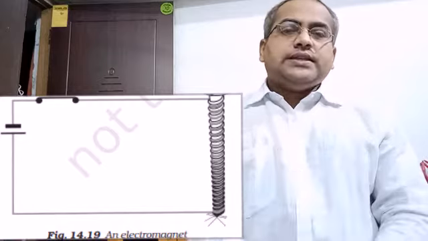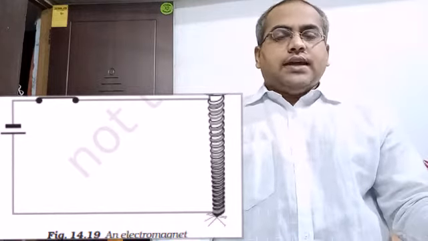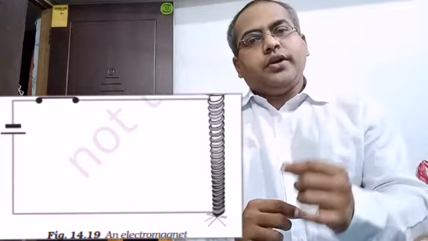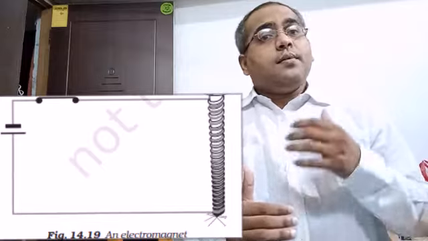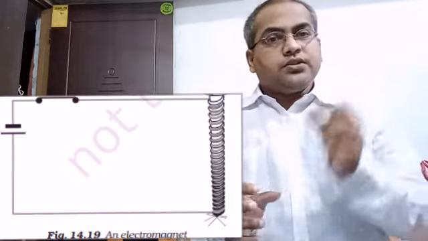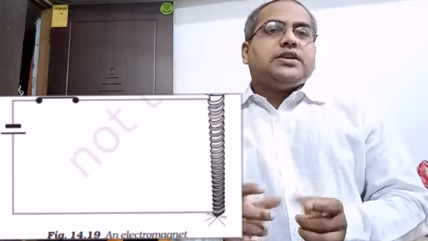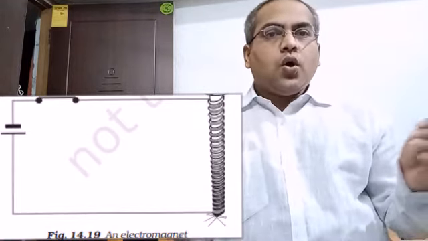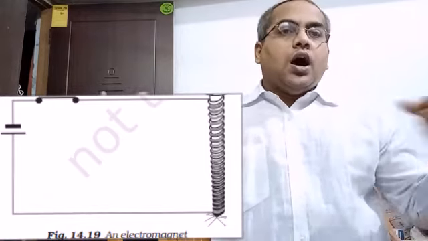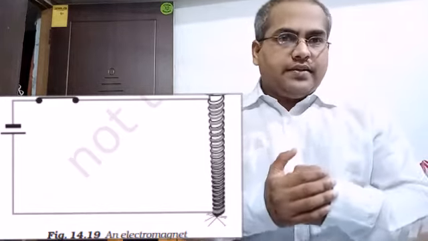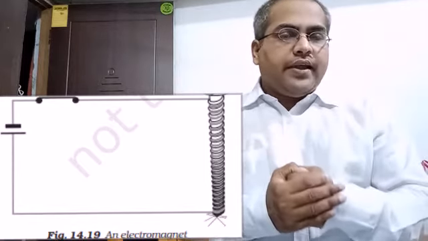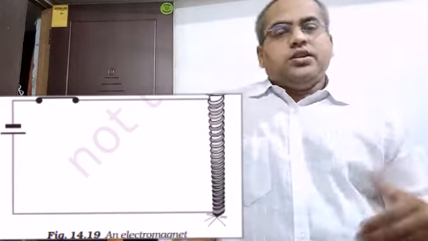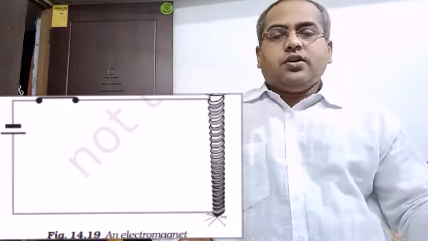I hope you understand the whole activity: if current flows through a wire, it starts behaving like a magnet, and if another magnet is close to that wire, it starts moving, because we know same poles always repel and opposite poles always attract. So the magnetic needle starts deflecting or moving.